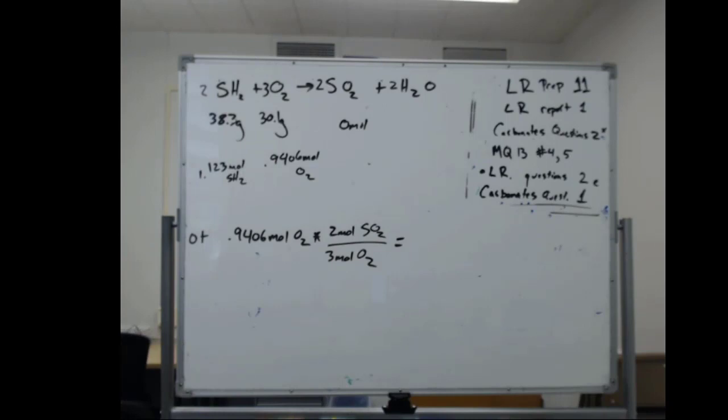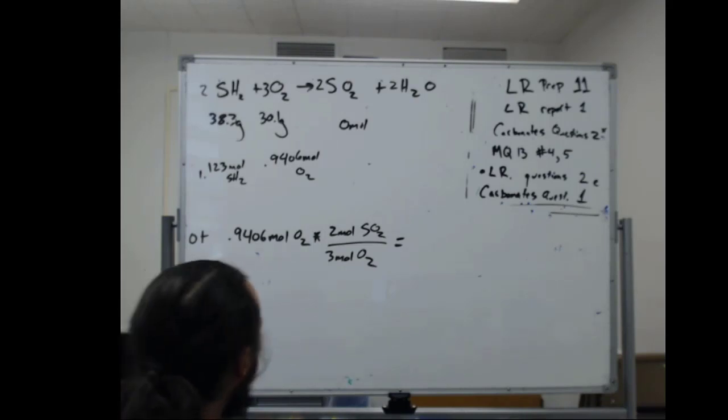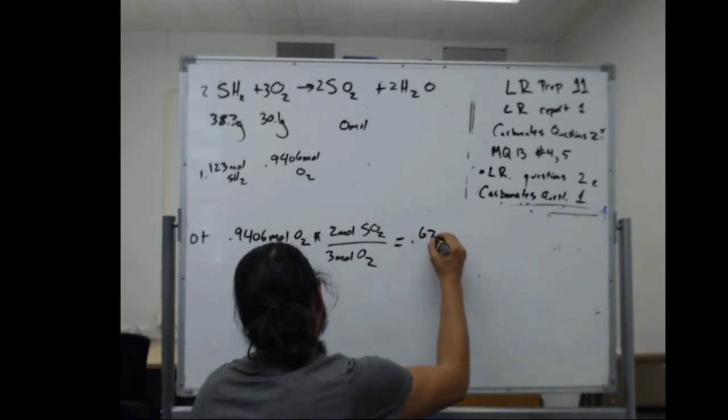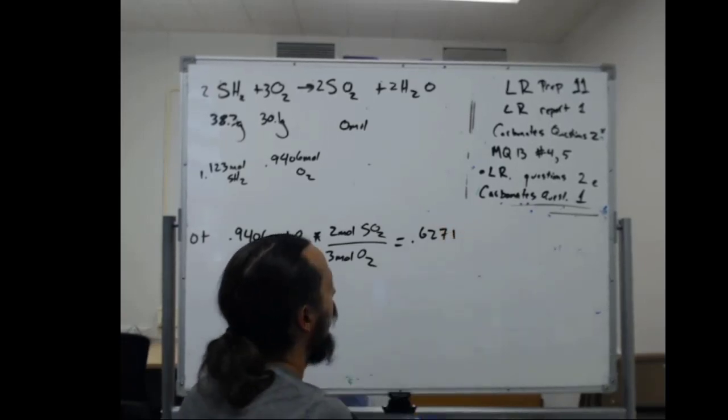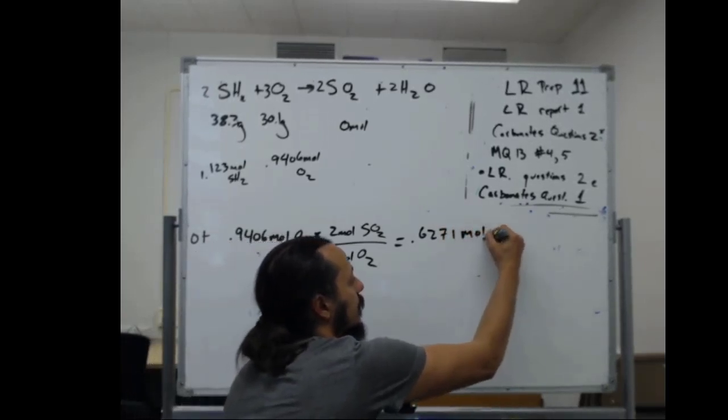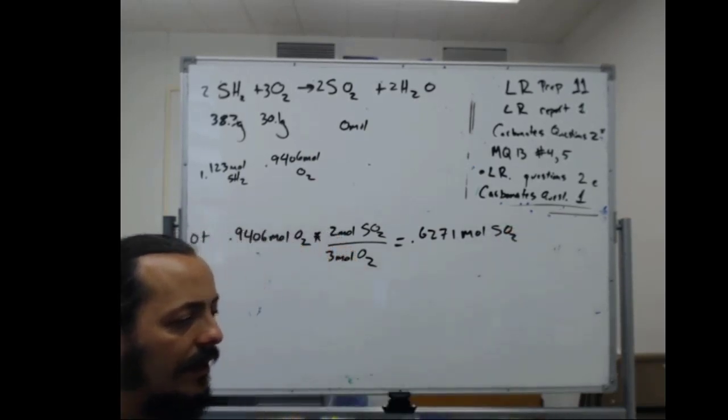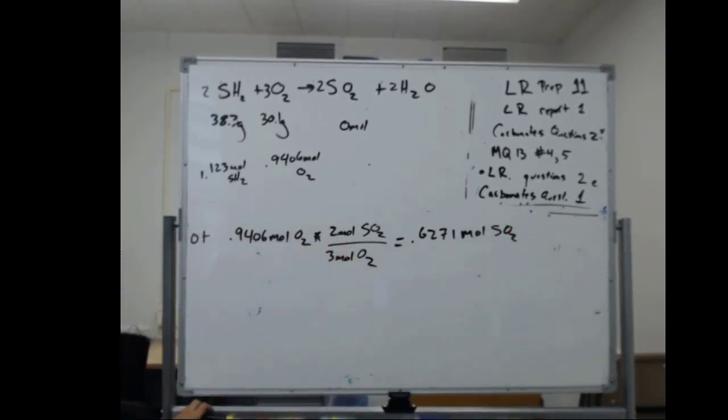The big challenge with this problem, in my opinion, is the way it jumps from D to E. It doesn't make it really clear that you're switching from this kind of atomic picture where you're counting whole numbers to doing moles.